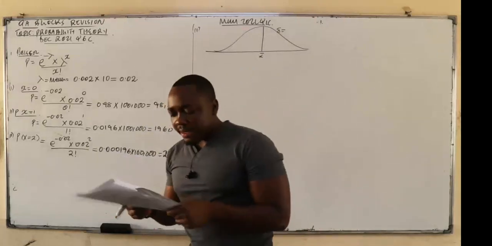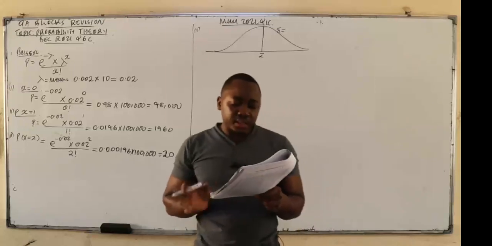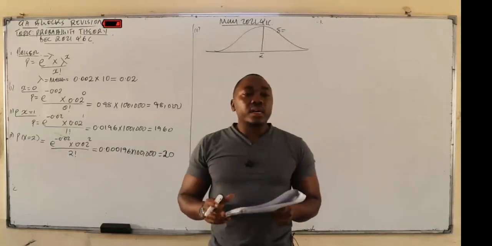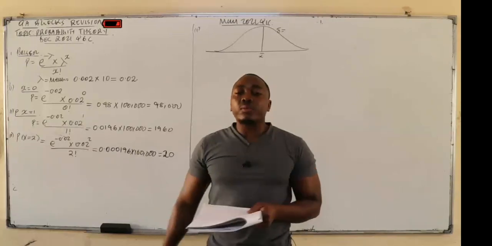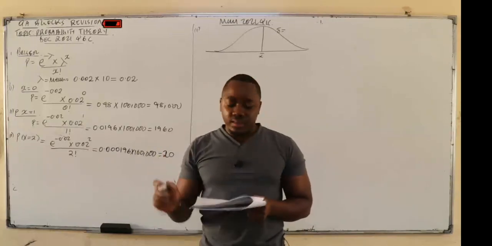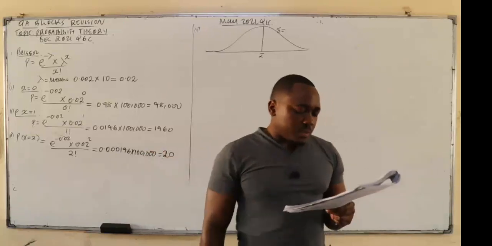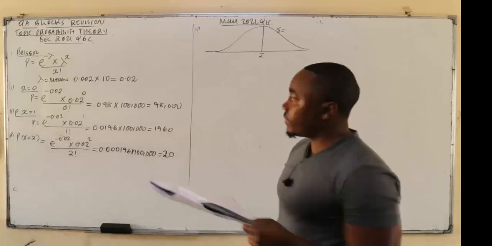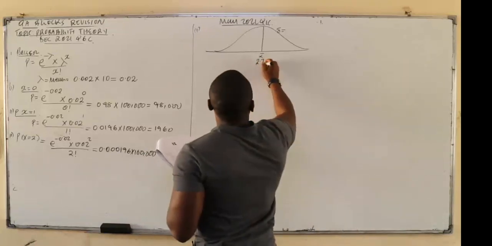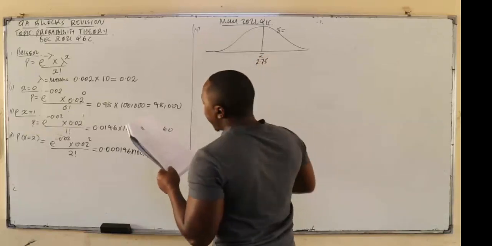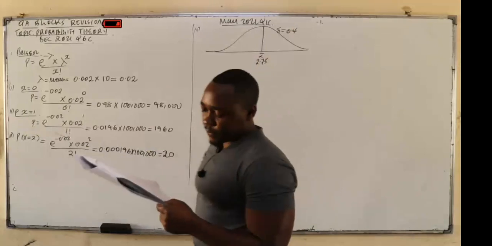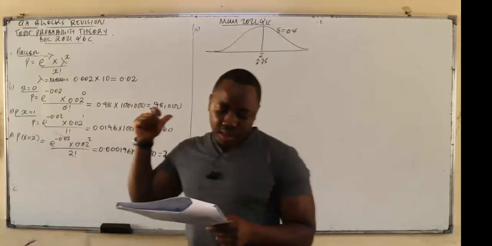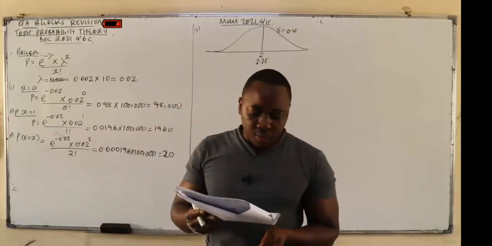The registrar of Highfriar University has observed that the grade point aggregate of the university students is normally distributed. It's normally distributed with a mean of 2.75 and a standard deviation of 0.4. Required: so it's normally distributed, that's the concept used.